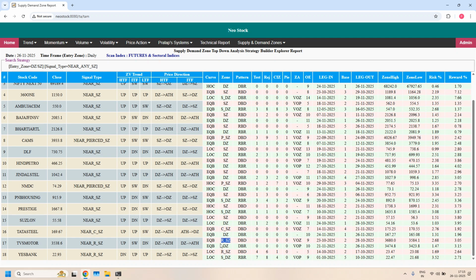TVS Motors is having a daily high liquidity supply zone. And Yes Bank is having a daily high liquidity supply zone. It is also having daily high liquidity demand zone. So in such kind of stocks, you can plan trades in either side. You may get trade opportunities either side, even though it is stocks near to the daily supply zone. So we got 3 stocks from this list.